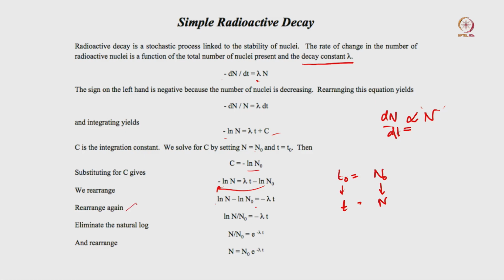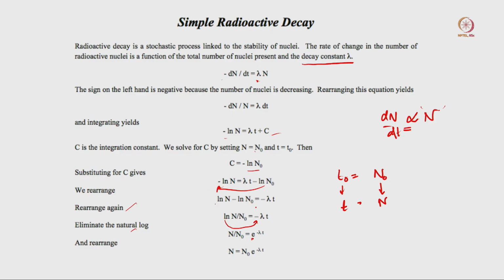Let us again rearrange it. Since this is the log of both sides, you take ln in common, ln of N divided by N0 equal to minus lambda t. Now, let us eliminate this natural log. As you take this ln to this side, it becomes e to the power minus lambda t.